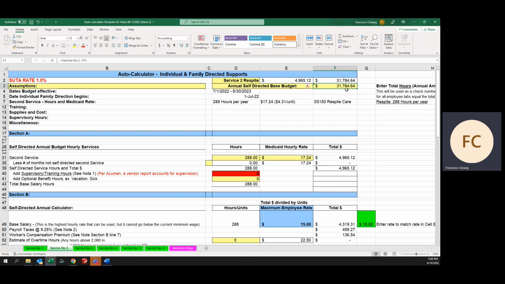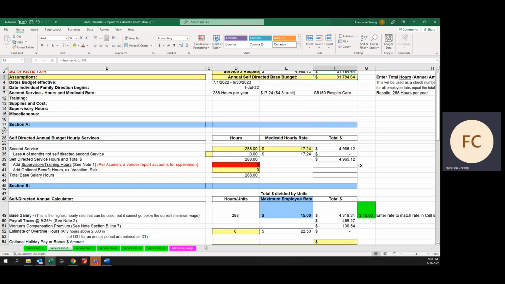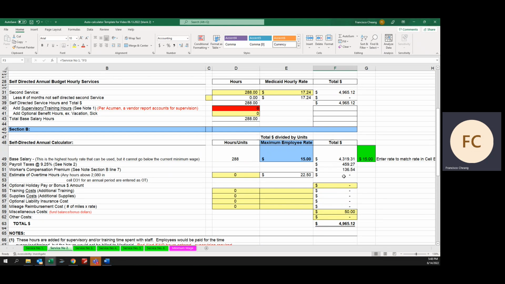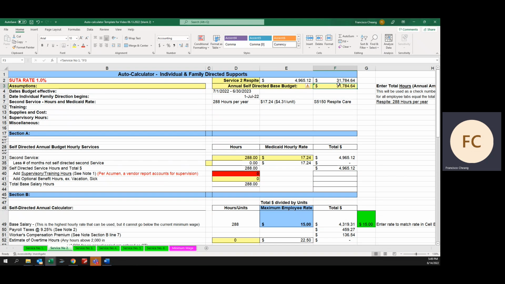So initially, we established through the ISP process that we're going to be allowed to spend for the plan year $31,784.64. Now that we have established our hourly rates and entered money into our piggy bank to pay for those fund balances, the things that are going to go with our services, such as mileage, supervision, etc., we have maximized the use of our budget by making these two cells match.